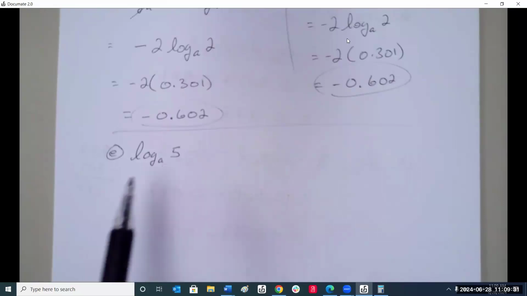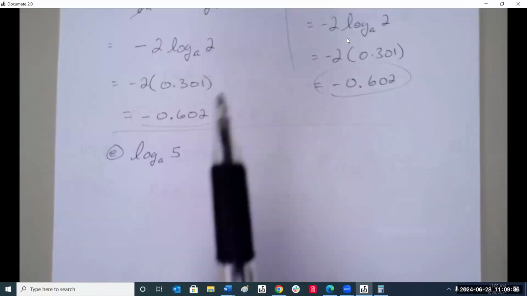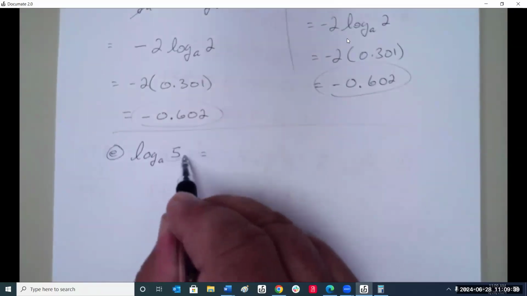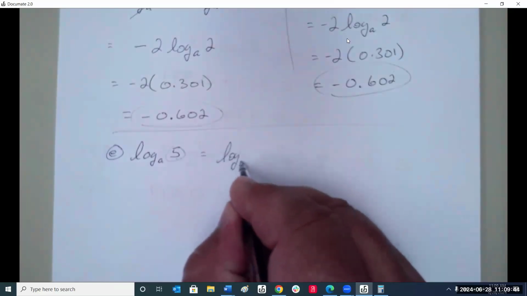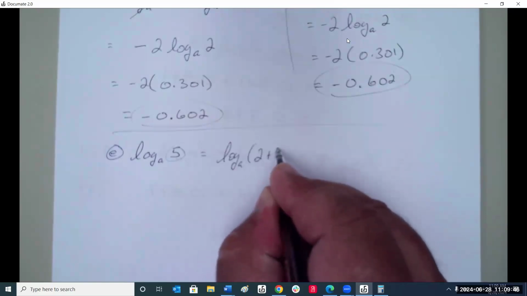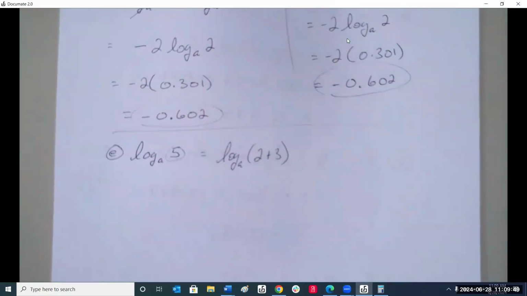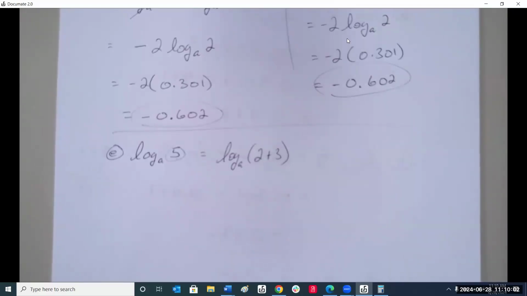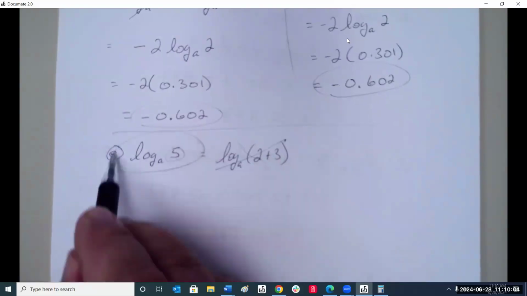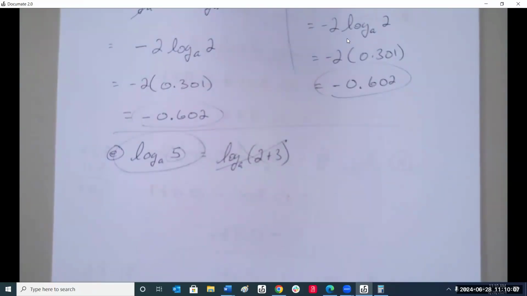So how can we get log base A of 5? So you're saying 2 plus 3 is 5, right? Do we know any rules that says we can do that? Those are one of the errors that students make. We can't go. That's as far as it goes. No solution.